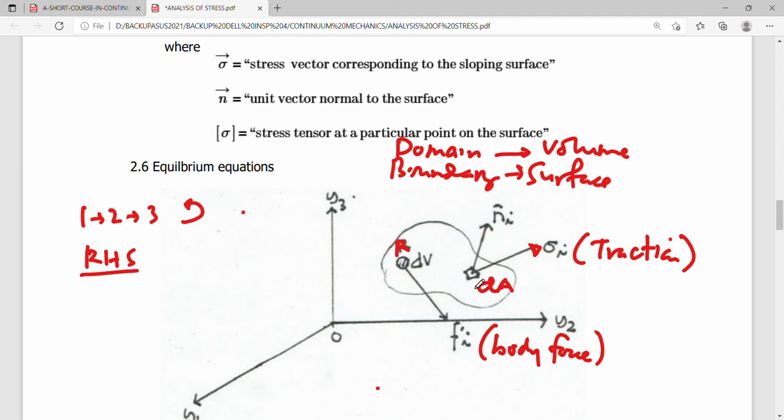This is an irregular surface, therefore Ni may be oriented arbitrarily, not necessarily the same as the direction of your traction force.